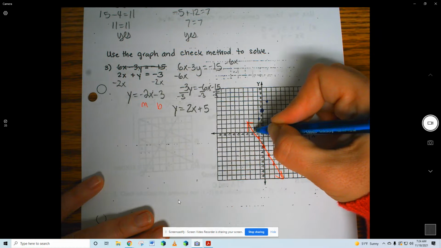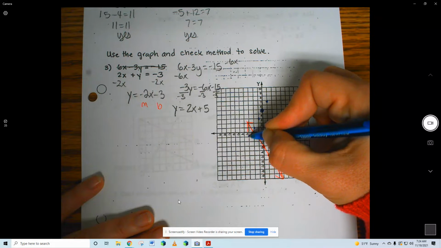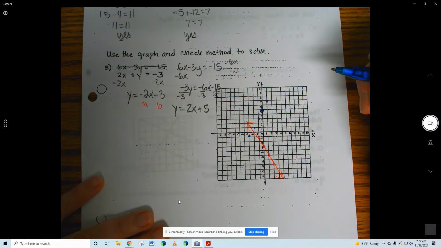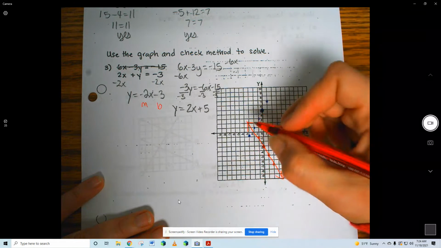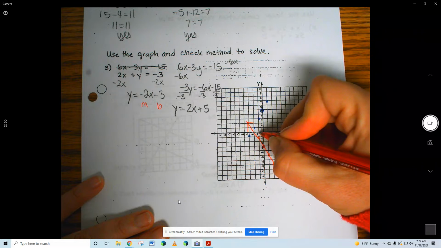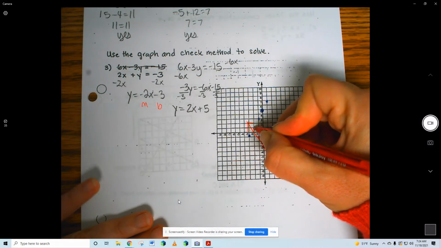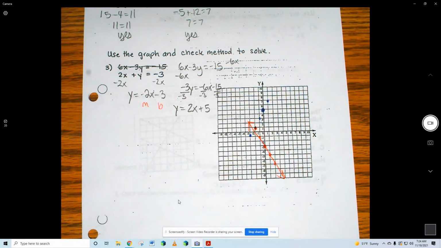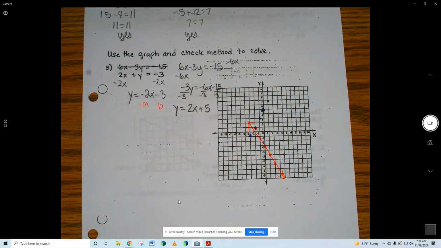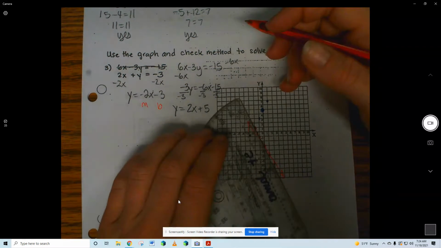Uh-oh. I better do this right. I drew my line wrong. It wasn't perfect enough. Oh no! I lost my clear ruler. I have to use a protractor.